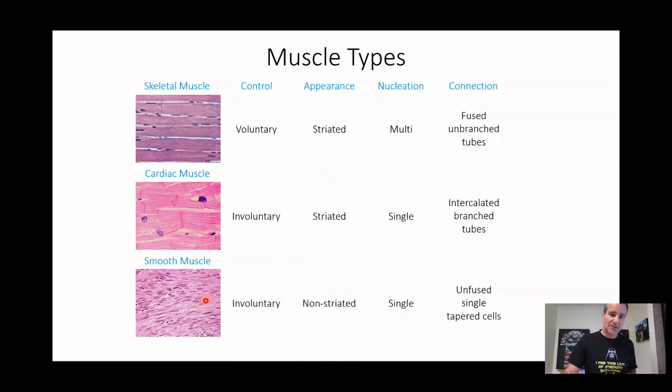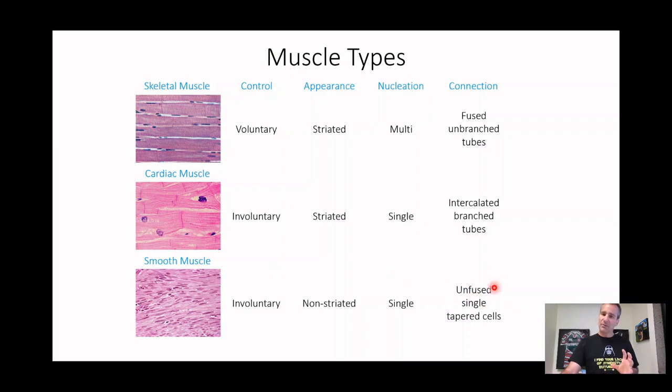All right, as you can see here, each one has a little black nucleus. The black nuclei are different than in the skeletal muscle, where they're all on the outside and all together, and there are lots of them along these long tubes. These are individual cells. Each one has a single nucleus. The cells are unfused and they're just normal shaped cells that aren't tubes like you see in the skeletal muscle and the cardiac muscle.